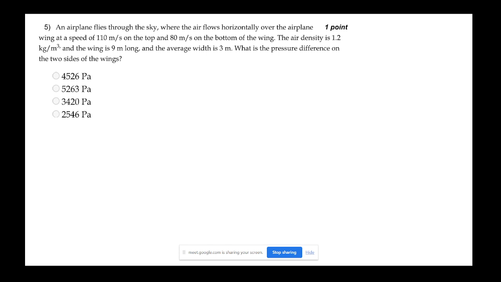Next question: an airplane flies through the sky where the air flows horizontally over the airplane wing. Let's say this is the wing, and at the top it has a velocity of 110 meter per second, and at the bottom it has 80 meter per second.